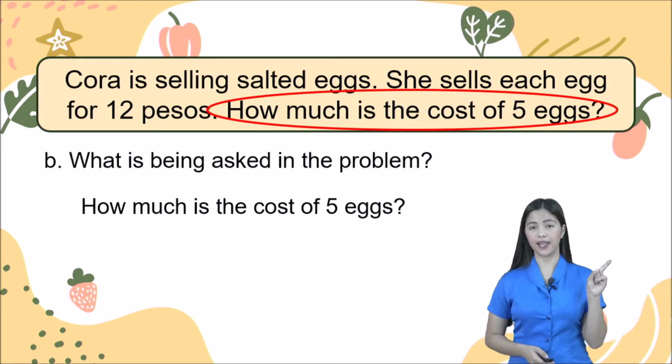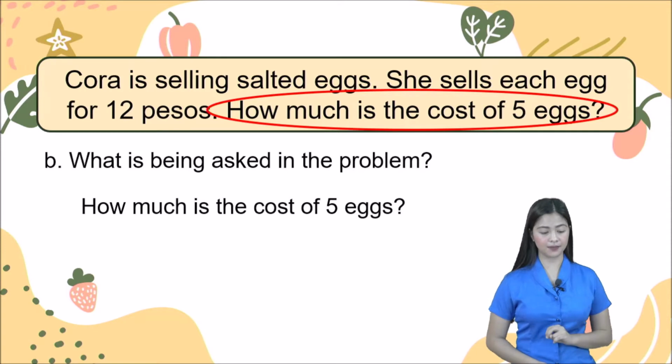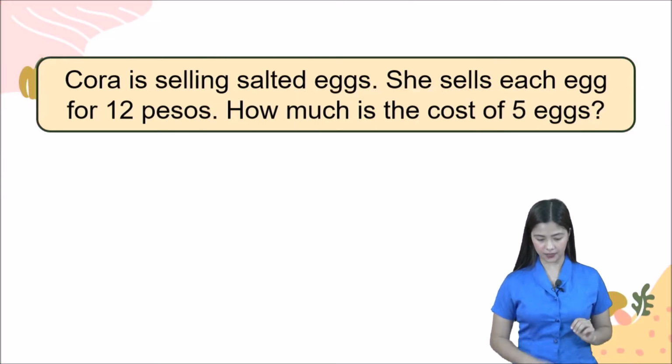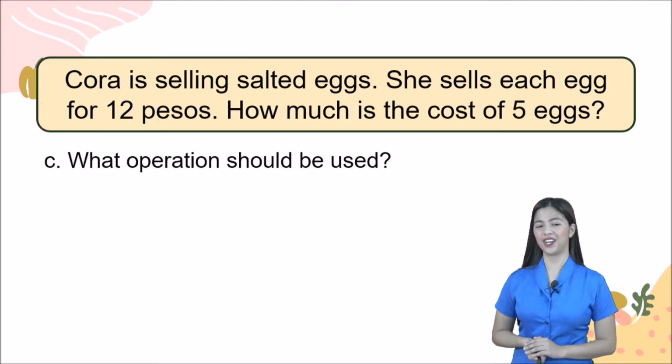So again, let's repeat. First, let's find the given facts. Second, find what is being asked in the problem. The third step, we need to find what operation should be used. Very good, kids.